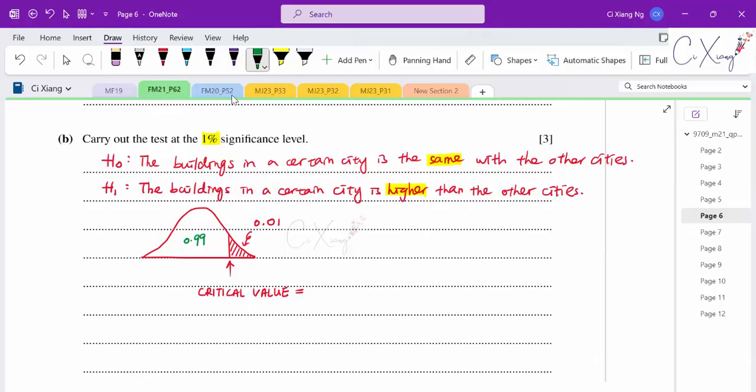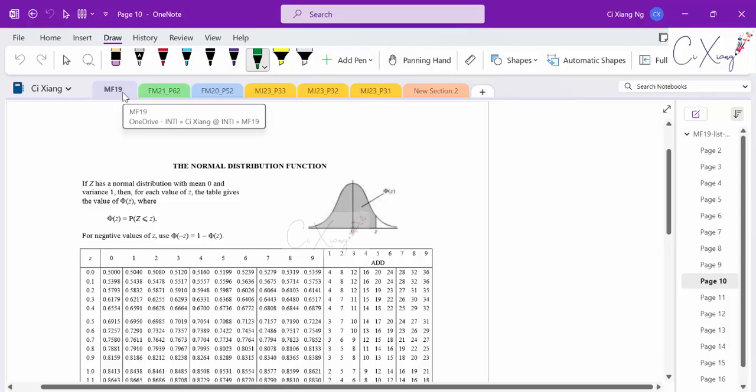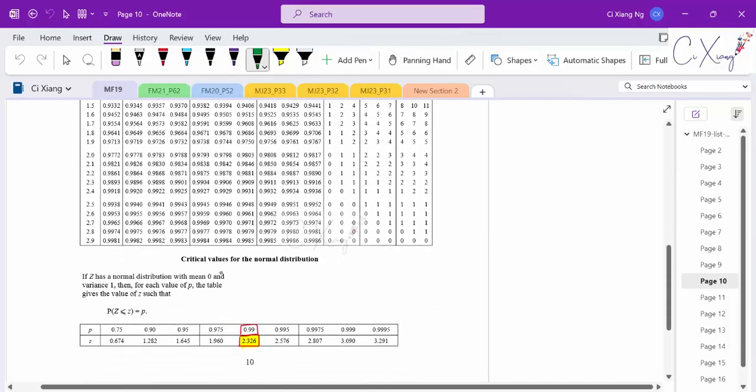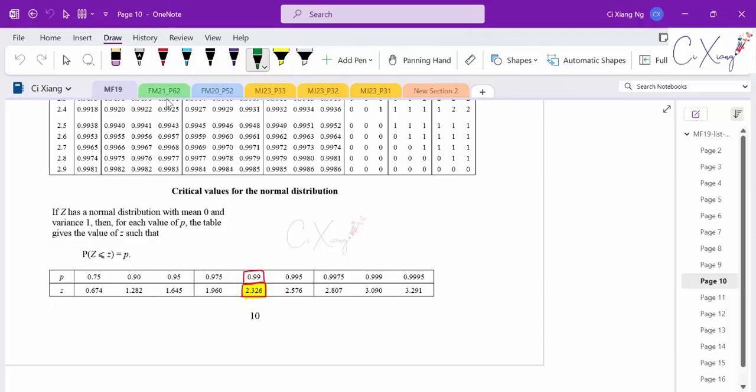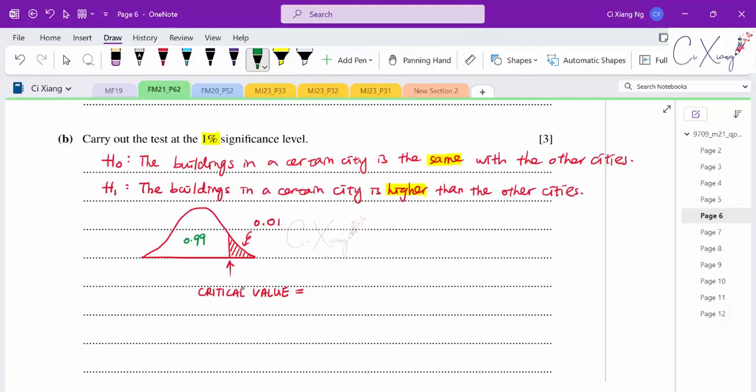The area on the left hand side here is 0.99. So again, you need to scroll down to the shortcut table, the critical value for the normal distribution. Then look for the area 0.99 and the Z is 2.326. So if you come back to this question, our critical value will be equal to 2.326.